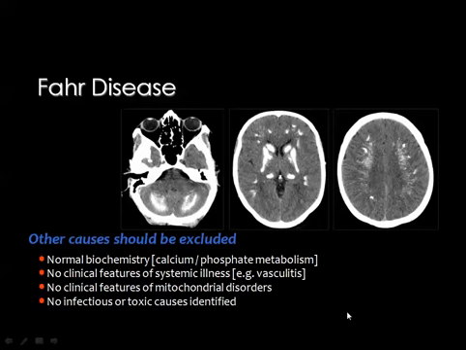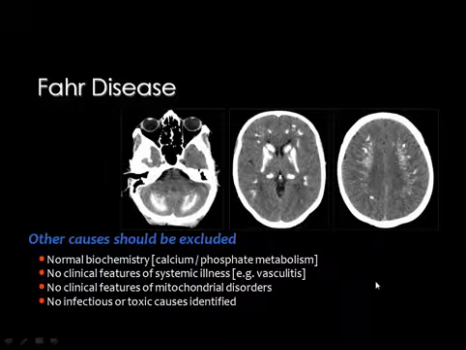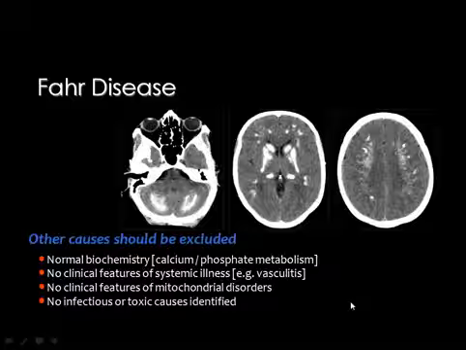Then there are a lot of diseases that can produce basal ganglia calcification, like hypoparathyroidism and pseudohypoparathyroidism, and any parathyroid abnormality, also thyroid diseases and Parkinsonism and radiation, many diseases that can produce this basal ganglia calcification.